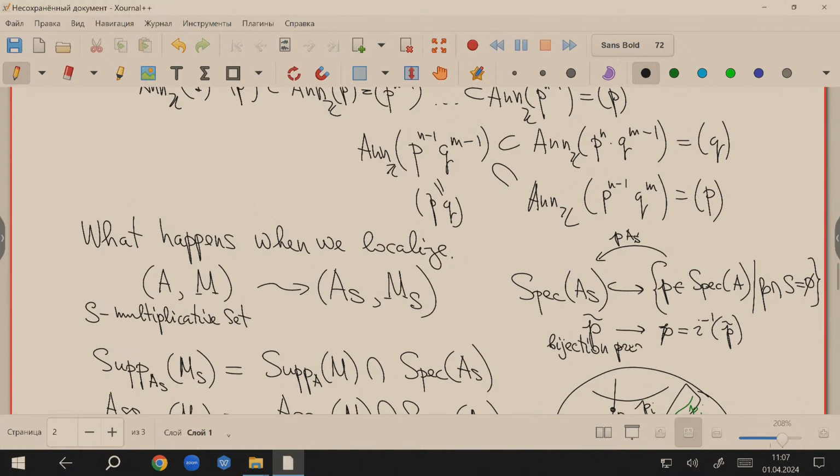So this is a bijection preserving inclusion.